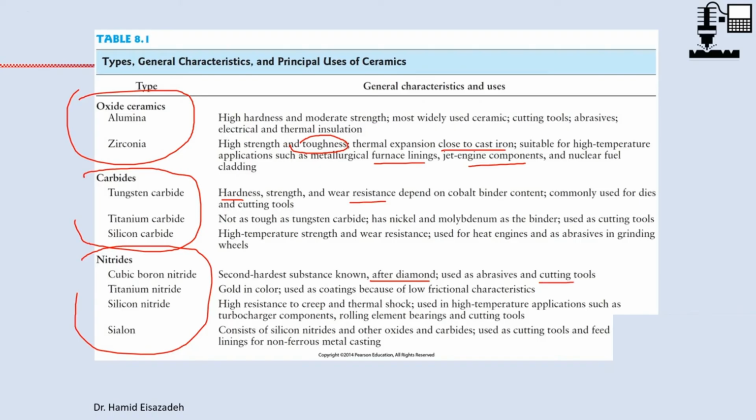Their color is gold. They can be used as a coating because of their low frictional characteristics. Also, this material can be used as a cutting tool, as well as for tubes.